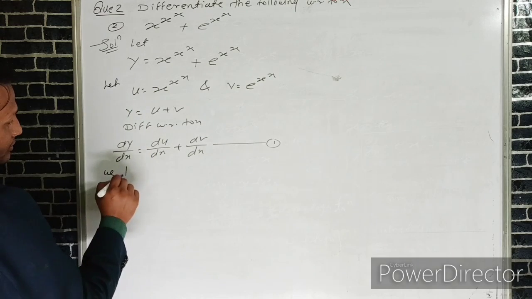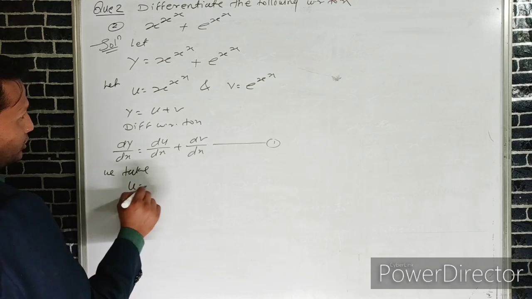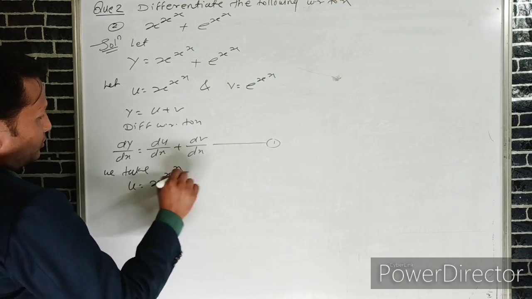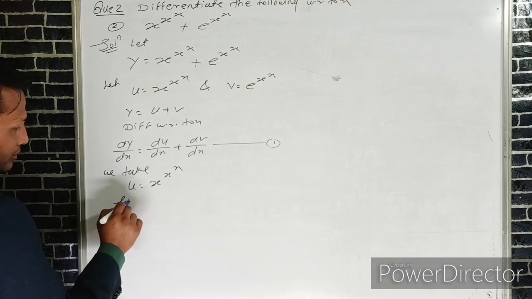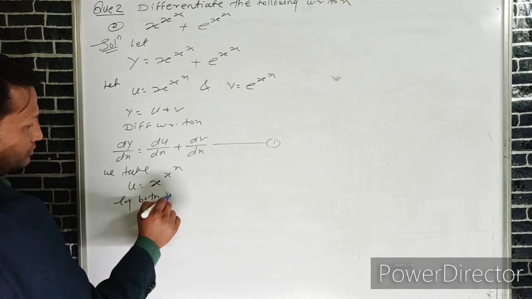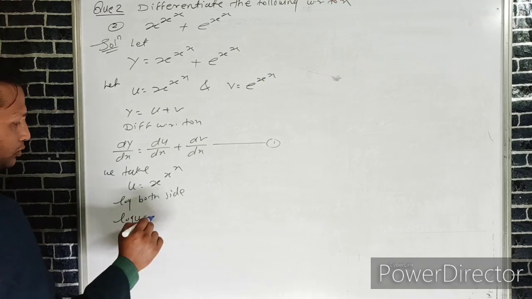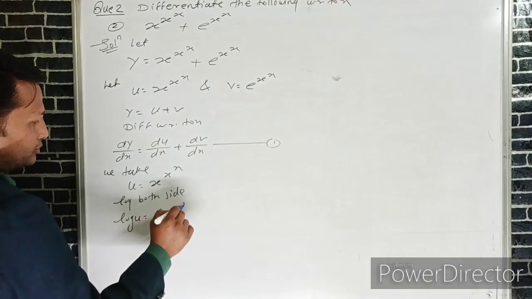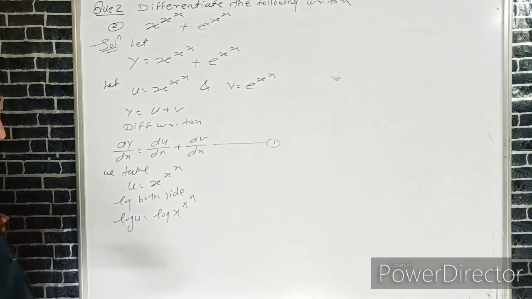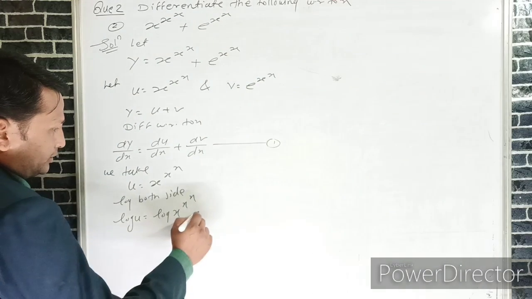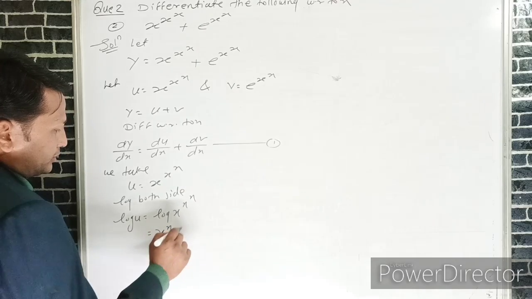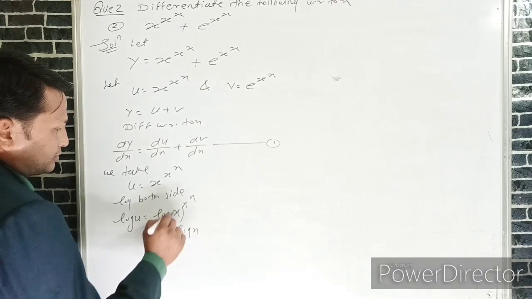We take u is equal to x raised to the power x raised to the power x. If we take log on both sides, then we can write log u is equal to log of x raised to the power x raised to the power x. Again we can write it as x raised to the power x into log of x.